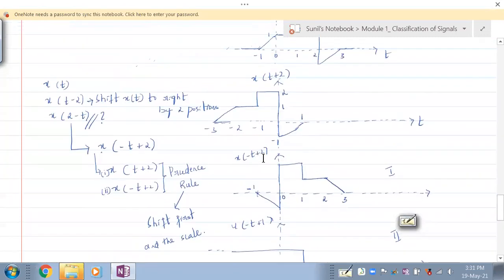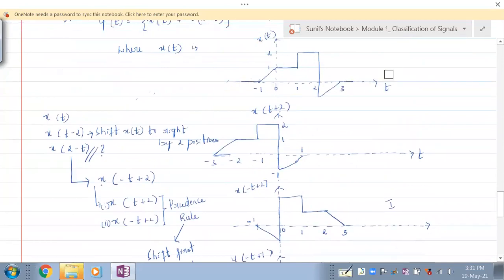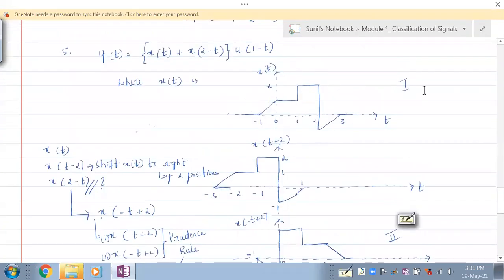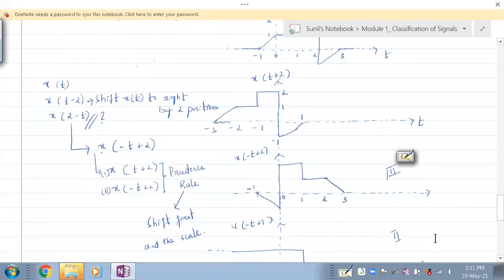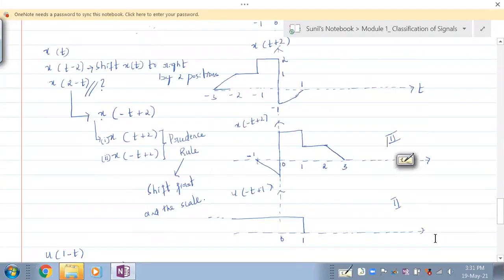So what we need to do is this: let this be our first signal, and this be our second. First signal plus the second signal we are doing. Let's not have this signal here itself.